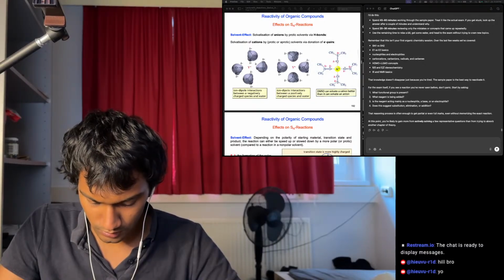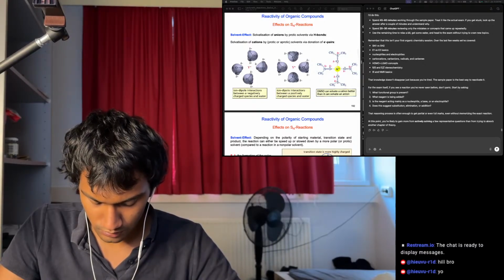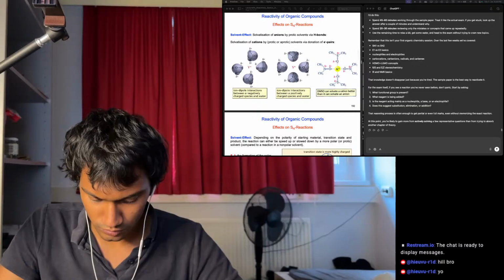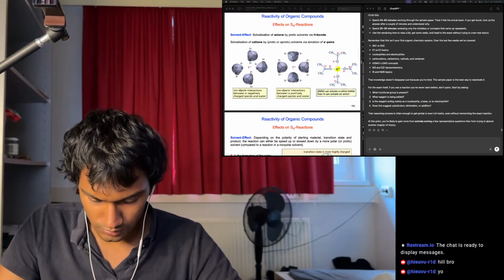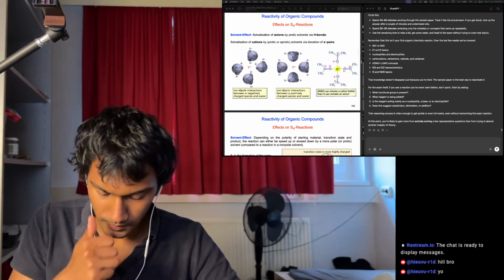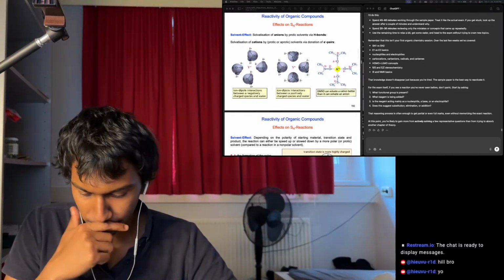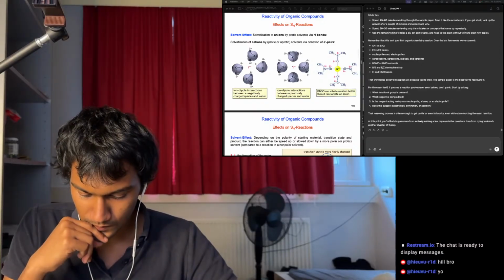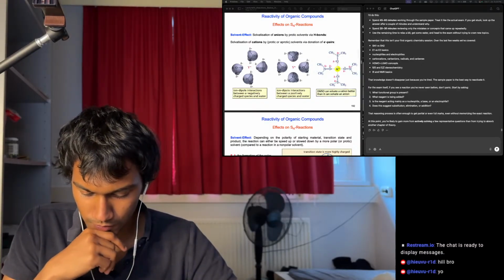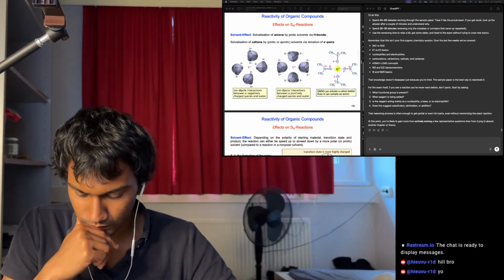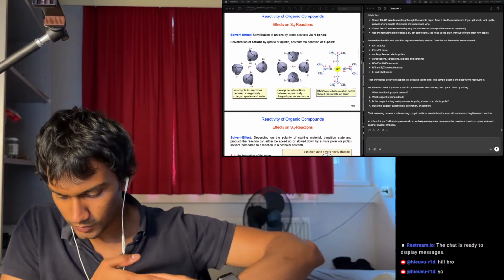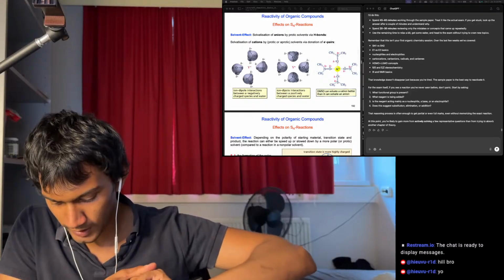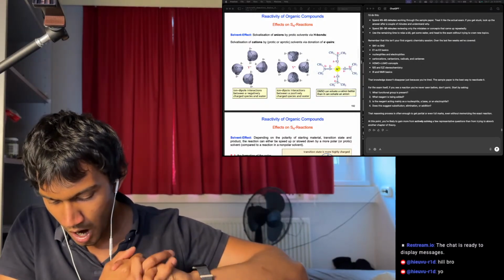Then we get, what's this one called? Ionic form. The bromine is replaced, and there's two ways you could attack the carbon.